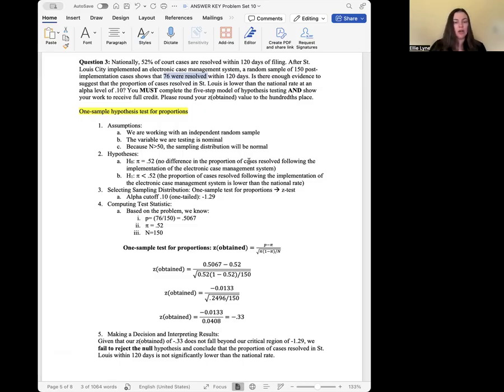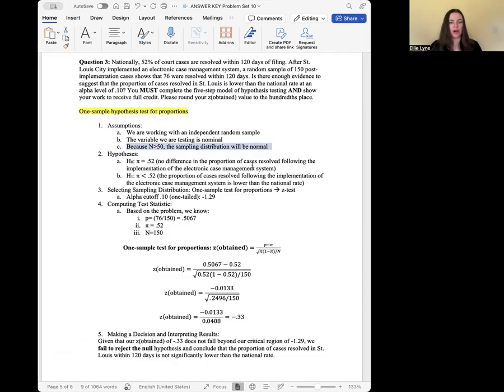Lastly, we need to ensure that our sample size exceeds a value of 50 to ensure that our sampling distribution will be normal. I see here that a random sample of 150 post-implementation cases were collected, and so we're above that as well. As I've said in questions 1 and 2, please ensure that both elements here are included.